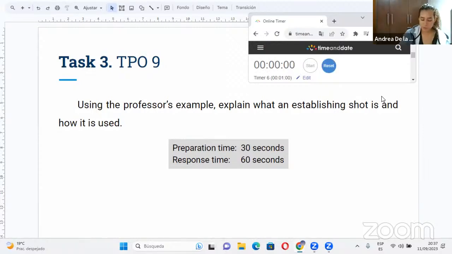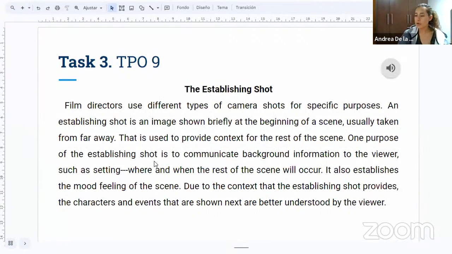Okay, Jimena, okay, good. Yes, but first of all, careful with the definition. Are you sure that you have the correct definition? What is the establishing shot?